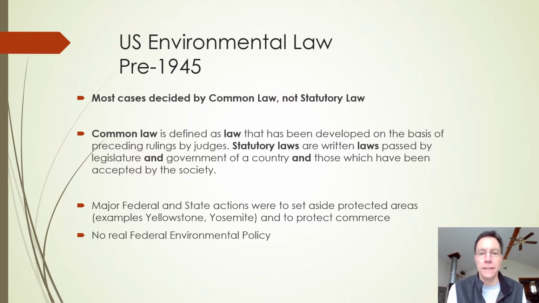Let's take a quick example. Imagine it's 1912 and your house is right next to a neighbor, and the neighbor decides to start raising hogs, and the hogs cause so much smell and waste onto your property that it makes your property unlivable. Is there some overarching federal law you can turn to to say, hey, neighbor, you are not allowed to do that?